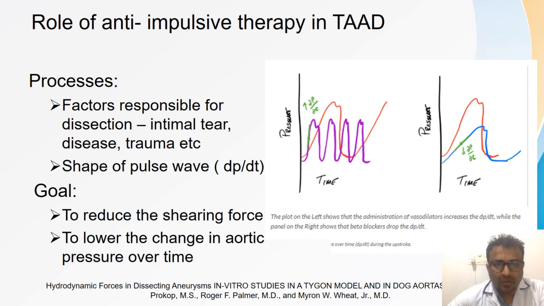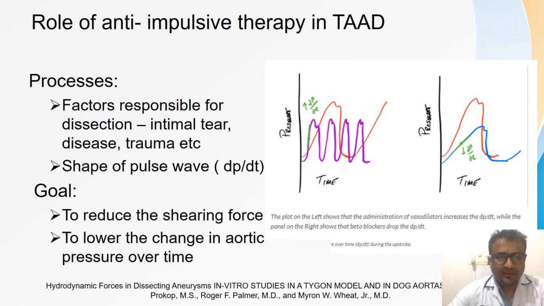When only the aortic pressure was decreased by the antihypertensive medication, what happens is, because of the increased sympathetic innervation, sympathetic impulse, the pressure decreases, but not the dP/dt. dP/dt instead increases. So the goal of the anti-impulsive therapy is to decrease the dP/dt.